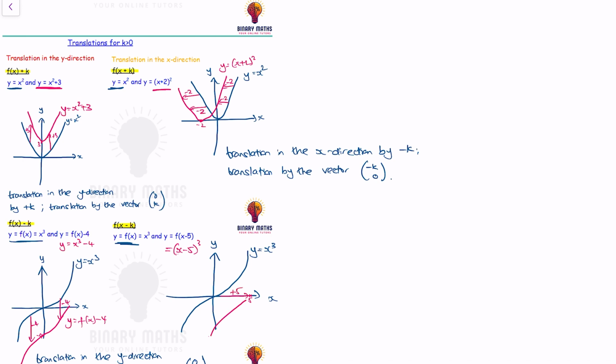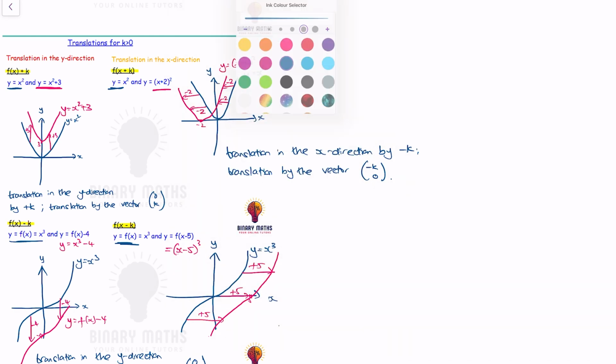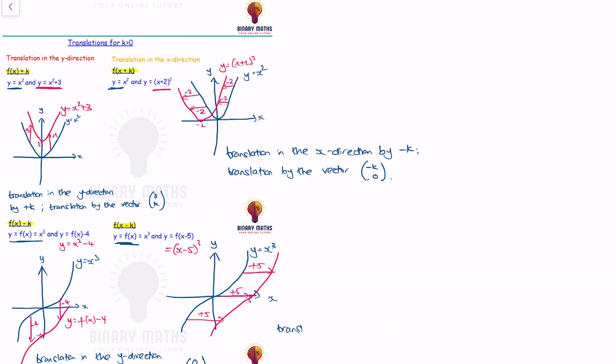So the whole thing is going to move by 5 in the positive direction. So if I had to write it in words, it's translation in the x direction by positive k.